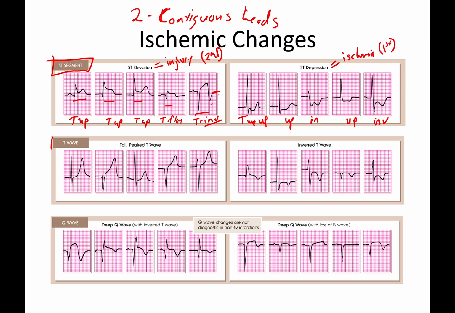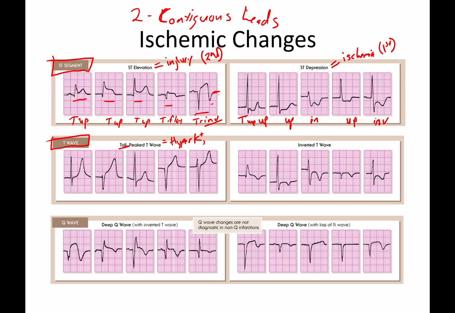So, speaking of T waves, what do we got here? So a tall peaked T wave is going to be a sign of hyperkalemia, so high potassium.